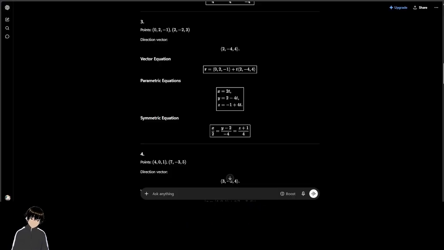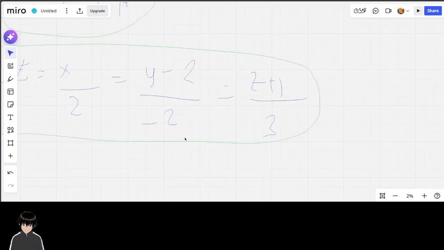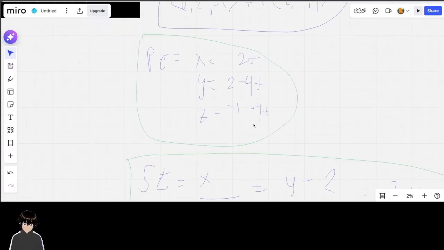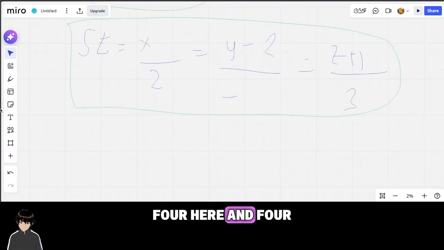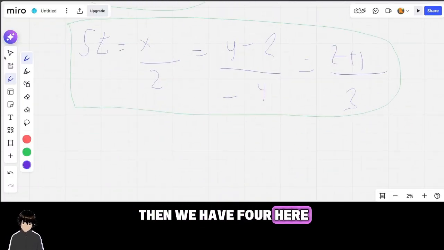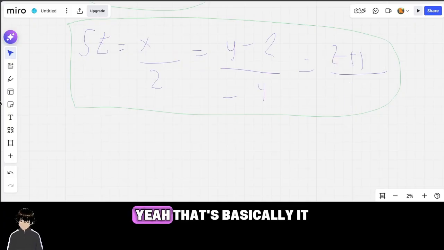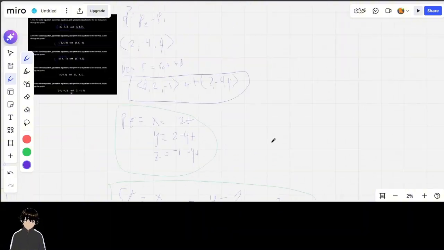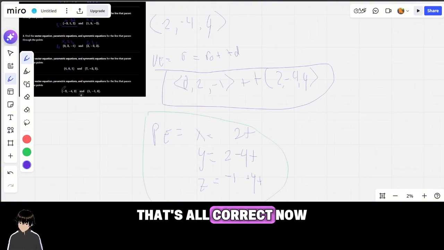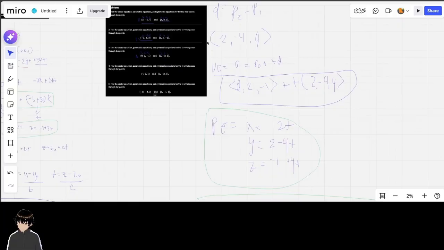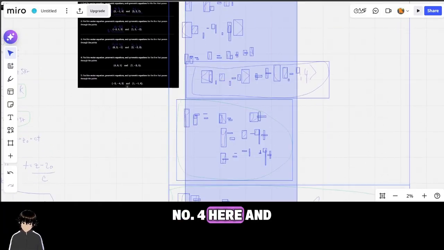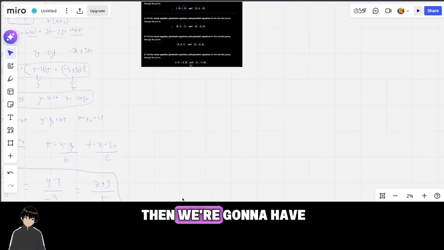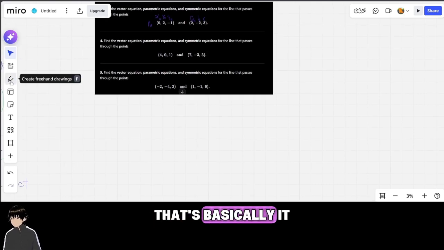So y minus 2 over negative 4, and then we have 4 here. Yeah, that's basically it, so that's all correct. Now we're just going to have number 4 here, and then we're going to have the last one. That's basically it.